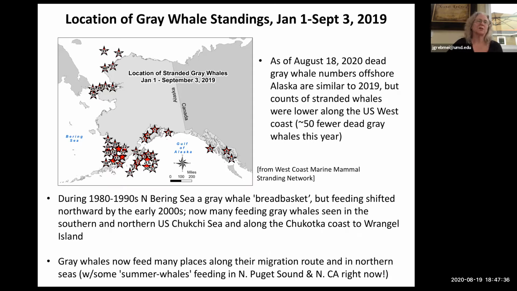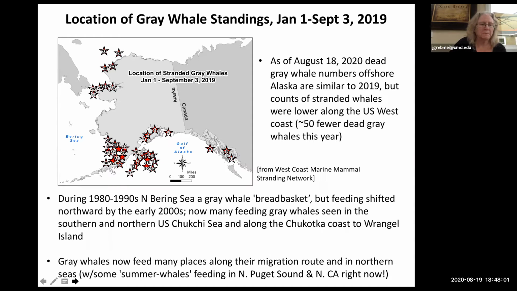But that program has not occurred since 2016. The gray whales are moving along their migration route. There are these strandings that you can see up by Kodiak and the Bristol Bay area, with animals coming ashore all the way up along Alaska as far as off of Wainwright here.